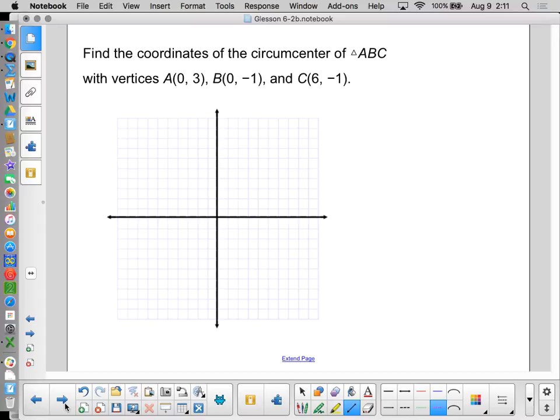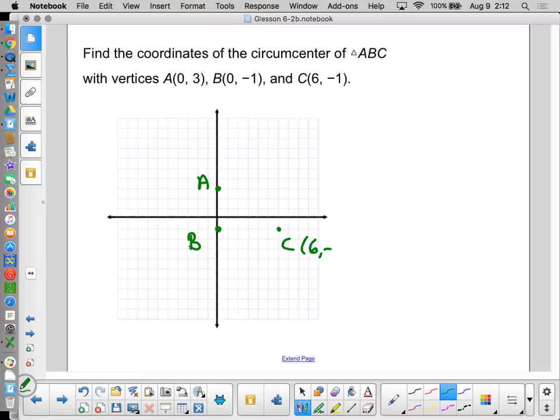So first let's plot our points. A is at (0, 3). B is at (0, -1). And C is at (6, -1). So there's my triangle.